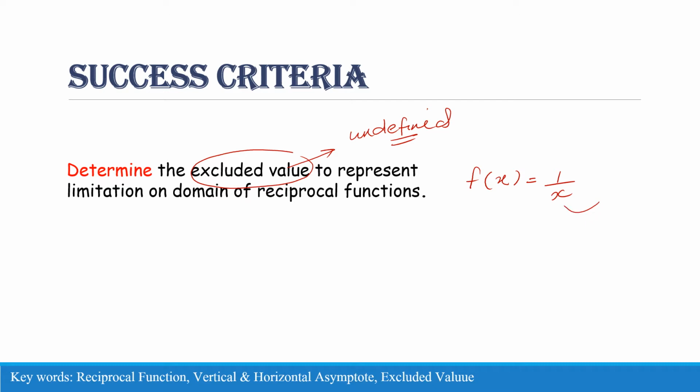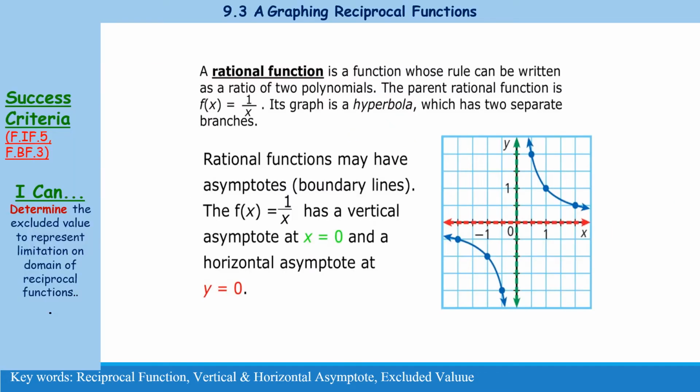Now, you all know that if I replace x by 0, then this makes my function undefined, because 1 over 0 gives you a math error. Such excluded values we are going to find by doing some examples.